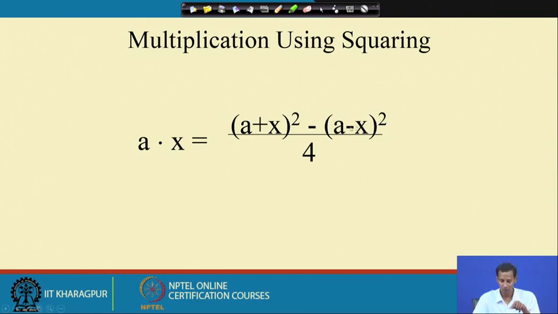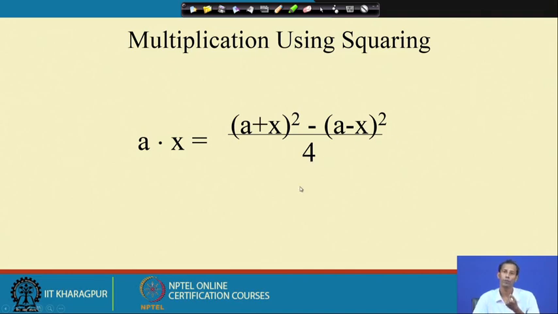So a square and x square nullify, 2ax and 2ax remain, giving 4ax, divided by 4 is nothing but ax. Division by 4 means if I just discard the last 2 LSB positions, I easily get the divide by 4.